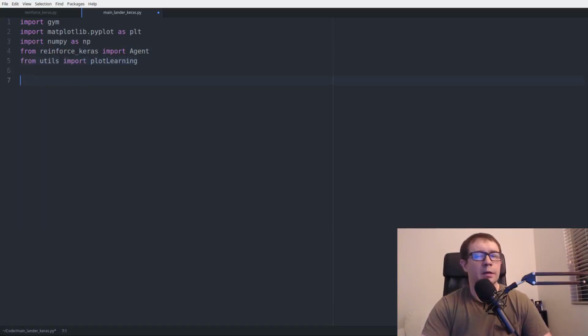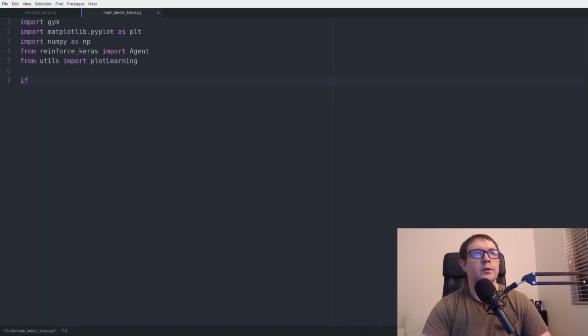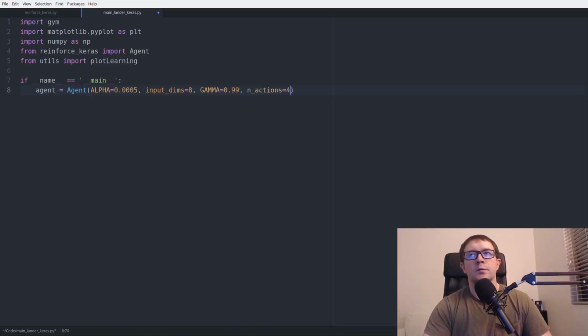I'm not going to plot it here. You've already seen the plot at the beginning of the video. We're not going to bother with that again, but that's where you would import it. So if name equals main, then we want agent equals Agent, alpha equals 0.0005, input dims 8, gamma 0.99, and actions equals 4.